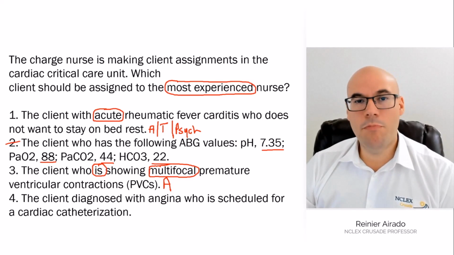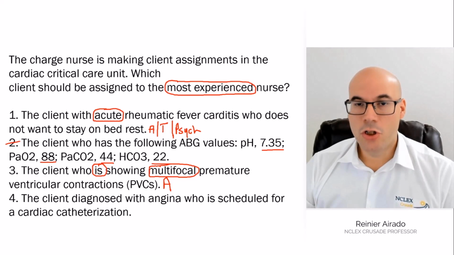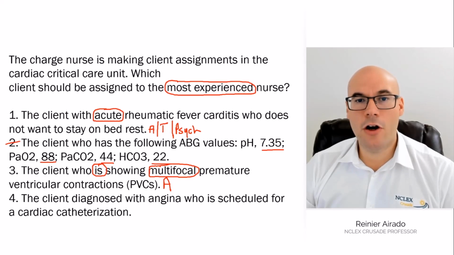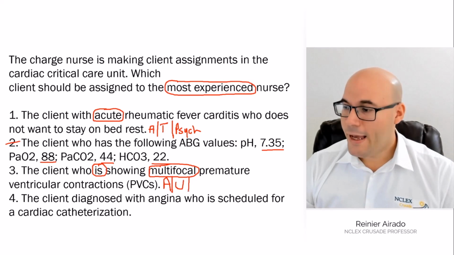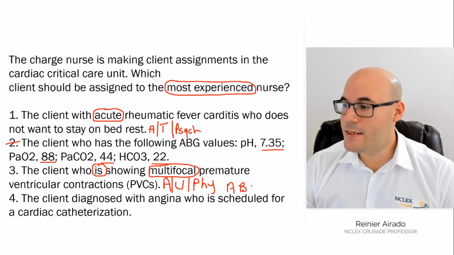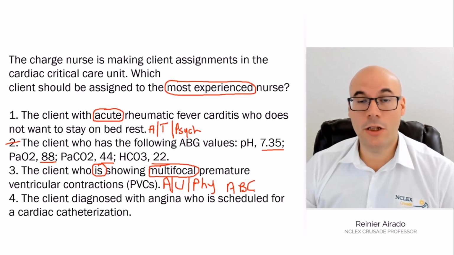And the problem with multifocal PVCs is that it is a predisposing factor to ventricular tachycardia and ventricular fibrillation. So this is an emergency. It's an acute condition where the patient is unstable and the patient has a physiological problem that has to do with ABC, because the heart is the pump of the circulatory system.